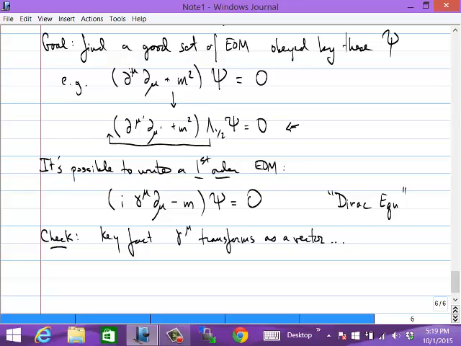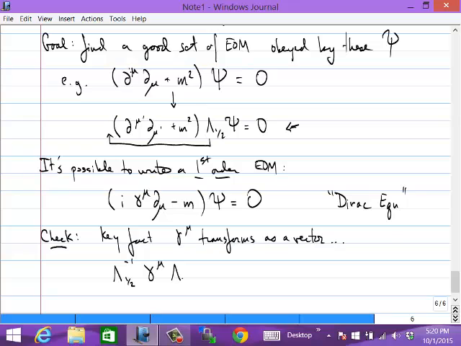What do I mean by that? Well, so gamma^mu, so remember psi under a Lorentz transformation got multiplied by lambda to the 1/2. Gamma is a 4x4 matrix, not a vector, so it should transform by conjugation by this matrix lambda to the 1/2.